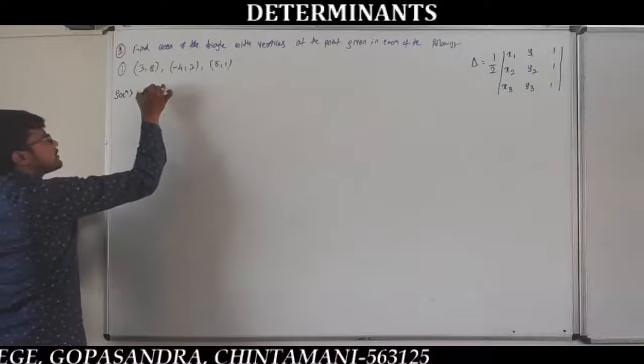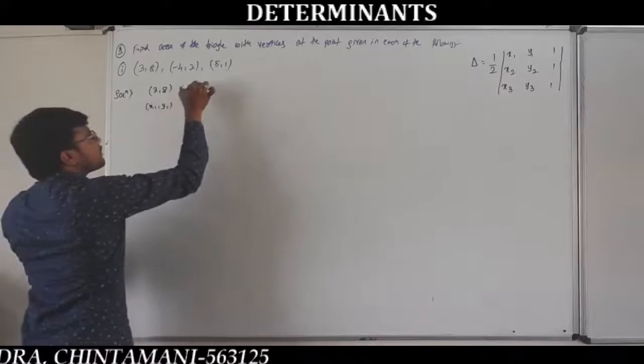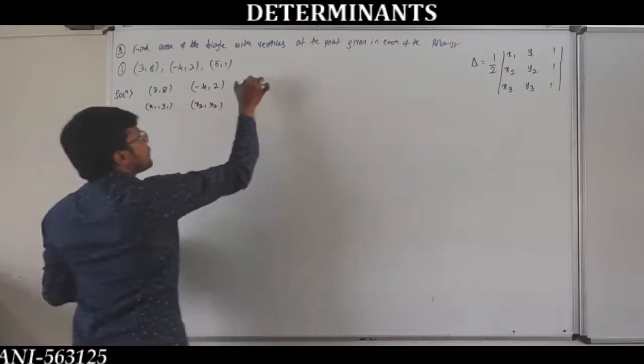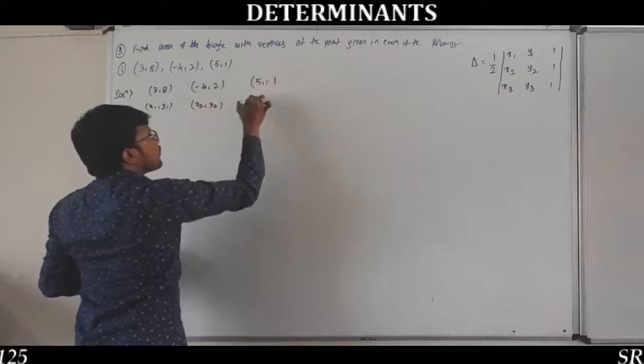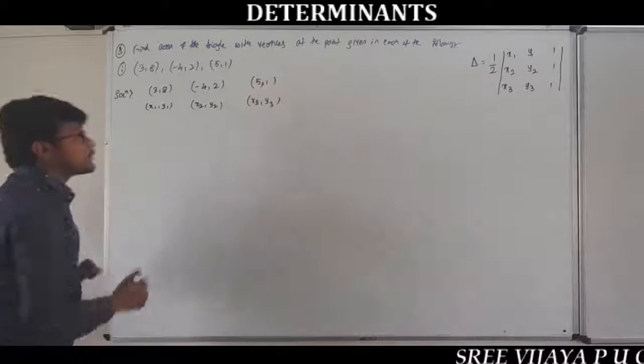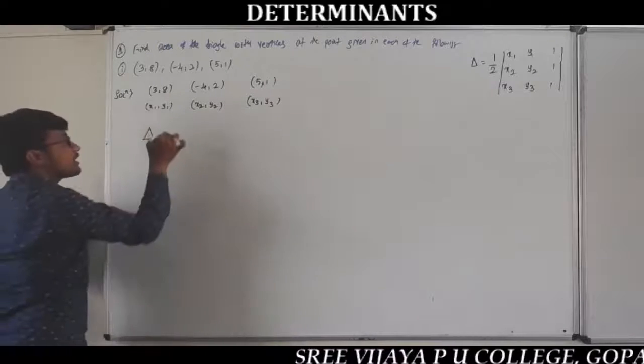So mark the points: 3, 8 is x1, y1; minus 4, 2 is x2, y2; 5, 1 is x3, y3. Okay, so you can find the area of the triangle, right? Write the symbol delta to find the area of the triangle.